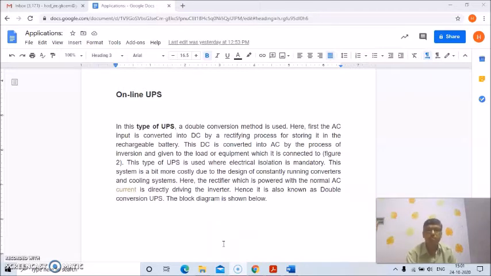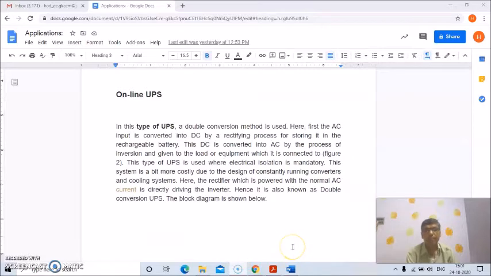In this type of UPS, a double conversion method is used. First, the AC input is converted into DC by a rectifying process for storing it in the rechargeable battery, and this DC is converted into AC by the process of inversion and given to the load or equipment connected to it. This is shown in figure 2.